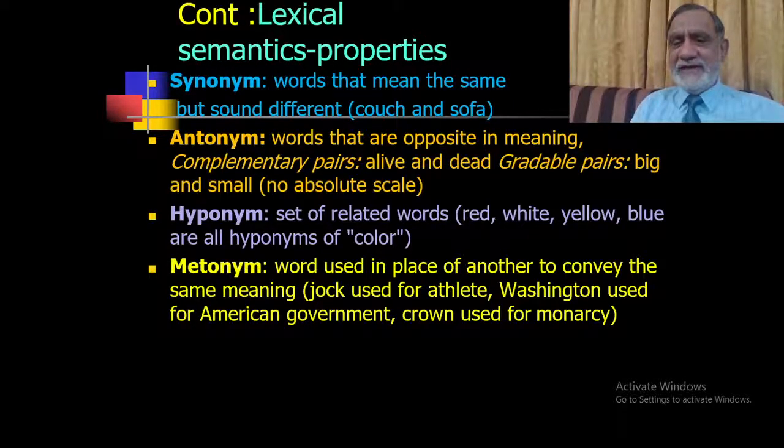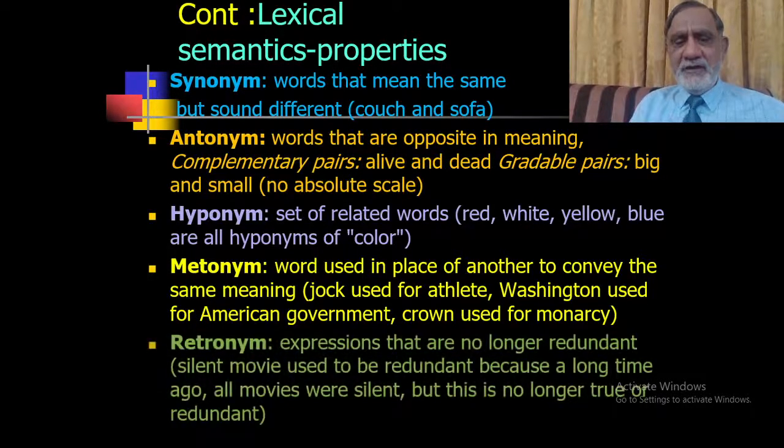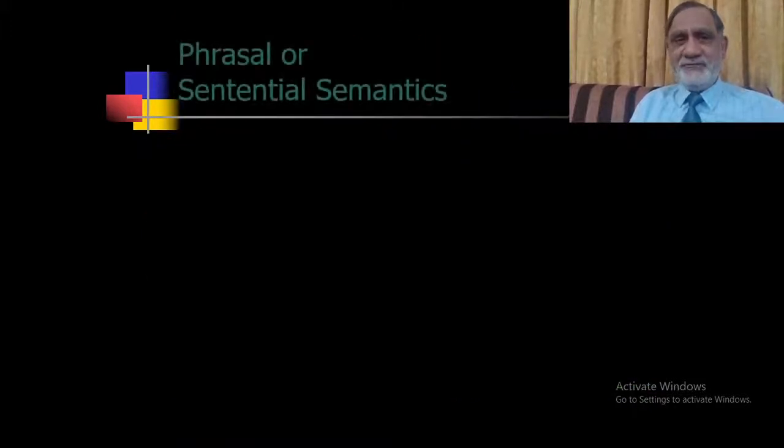Jock used for athlete, Washington used for American government, crown used for monarchy. Retronyms: expressions that are no longer redundant. Silent movie used to be redundant because a long time ago all movies were silent. But this is no longer true or redundant.